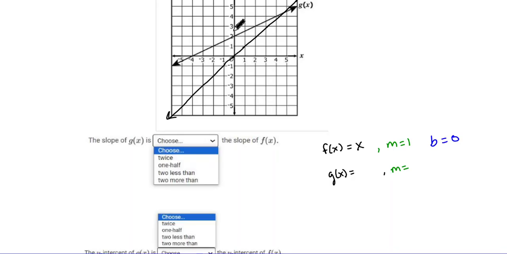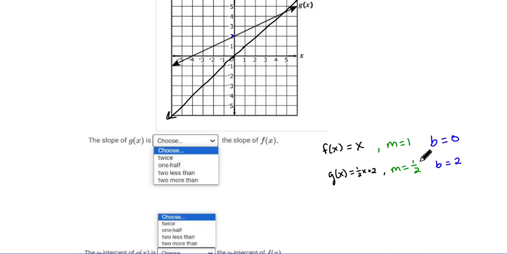So the slope here is up 1 over 2, so 1 over 2. And then the y-intercept is at 2. Okay, let me go ahead and write it out. So it's basically going to be 1 over 2x plus 2.